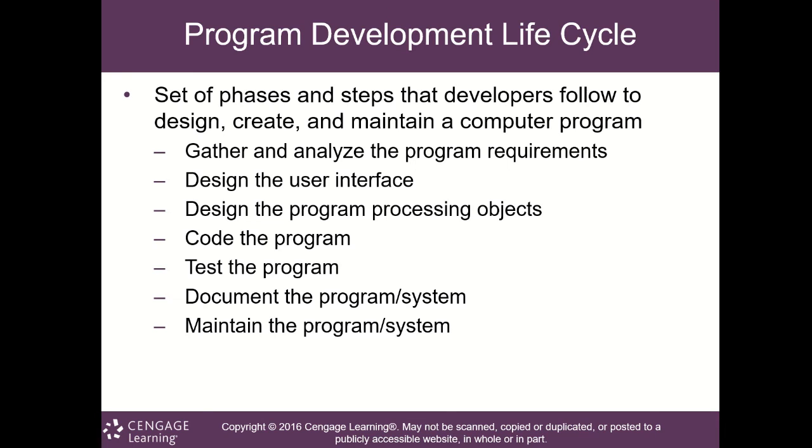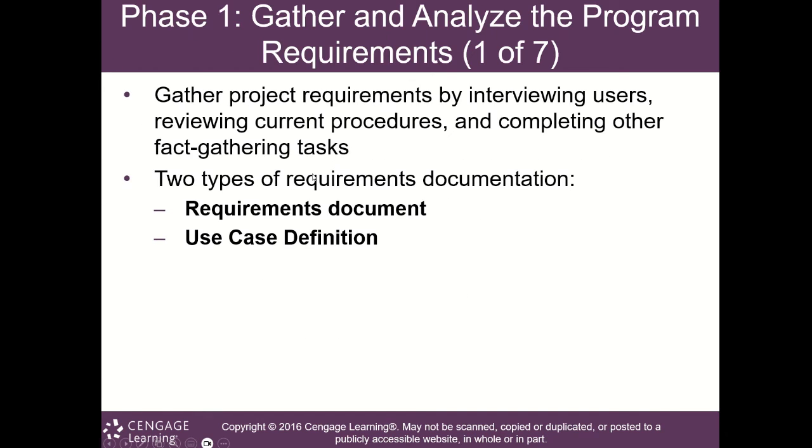There's the requirement phase. You can design the user interface, design the program processing objects, code the program, then you test the program, then you need to create the documentation for the users, and then simply put it on production and maintain the program, right?